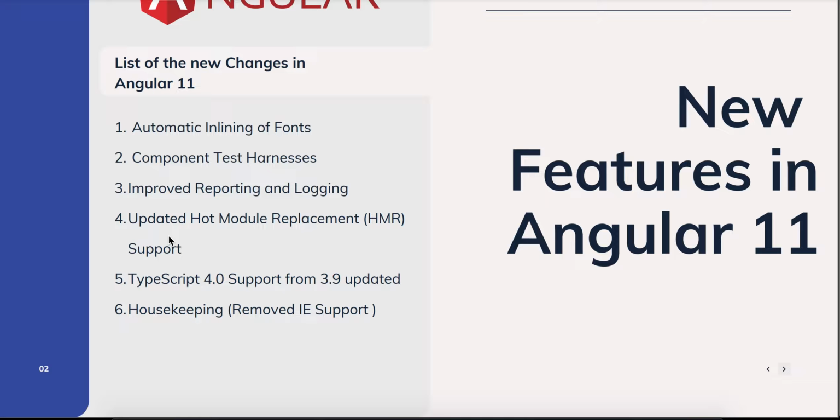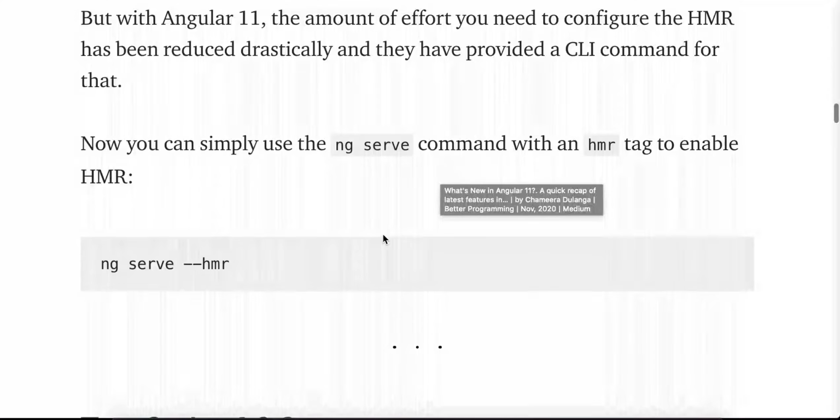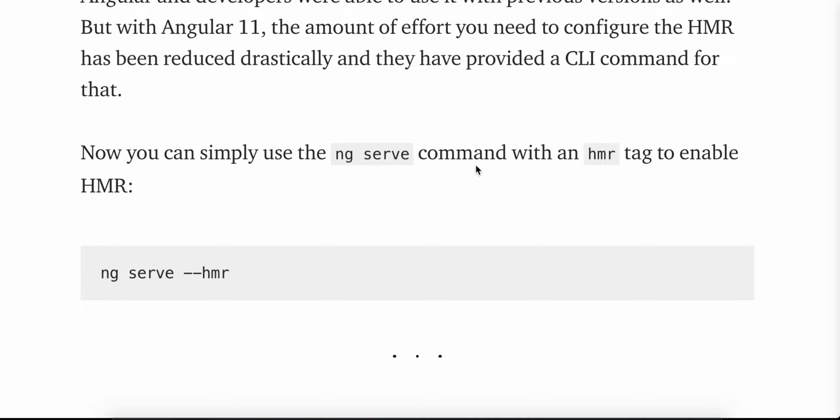Now you can simply use the ng serve command with the --hmr flag to enable this feature. This is the command you have to use to enable HMR. This is a cool feature, please try it.